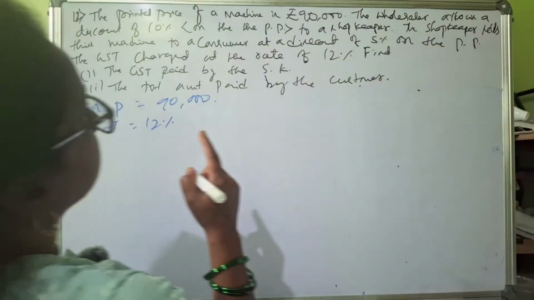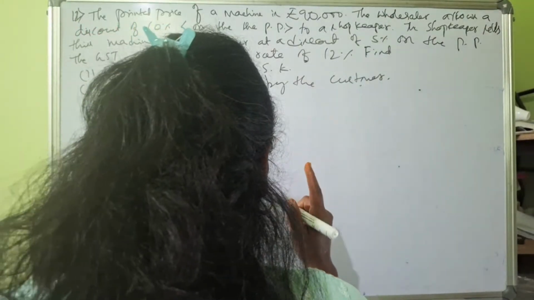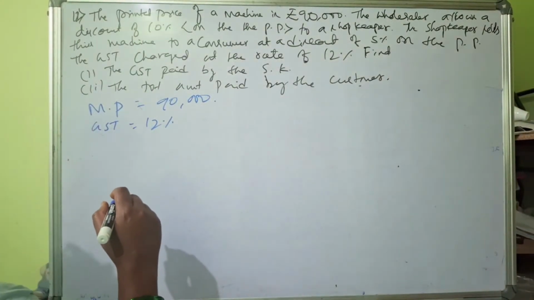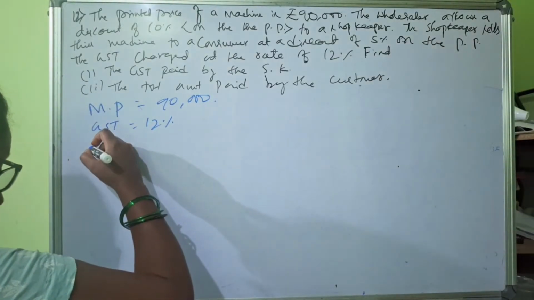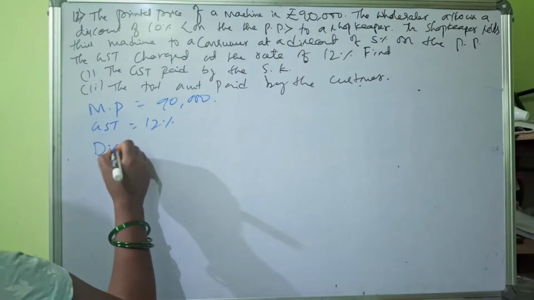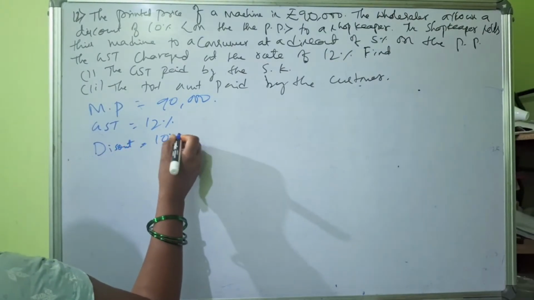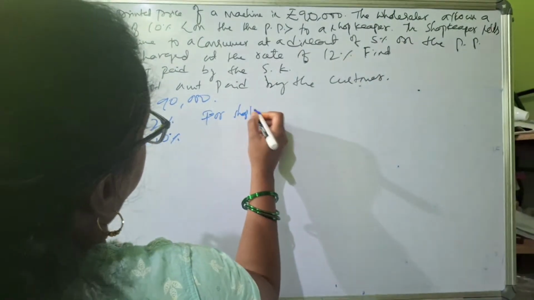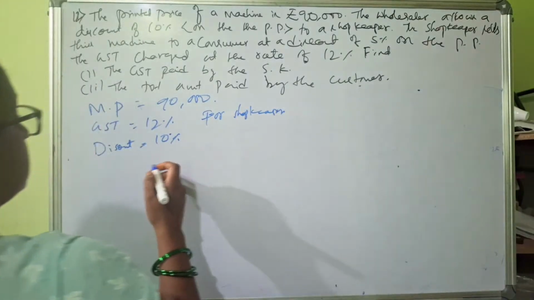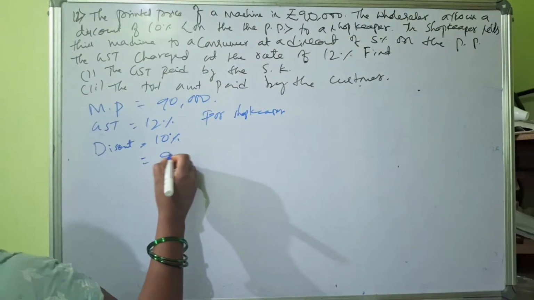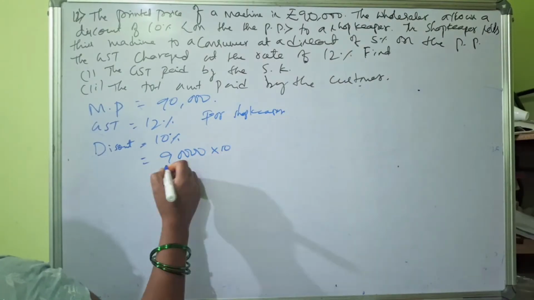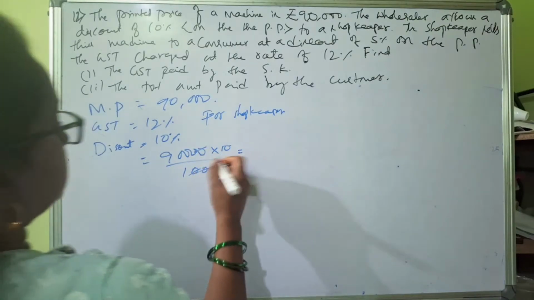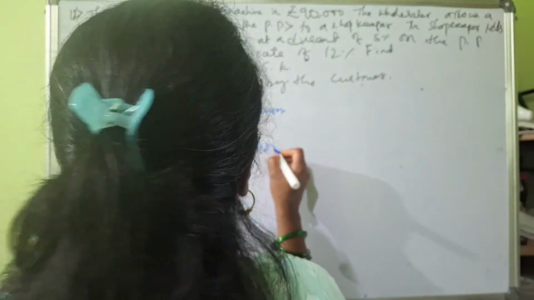Given that the wholesaler gives a discount of 10% to the shopkeeper, discount is equal to 10% for the shopkeeper, which is 90,000 of 10%, which is equal to 9,000.